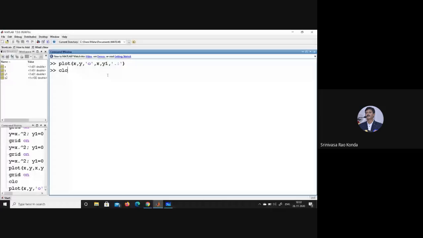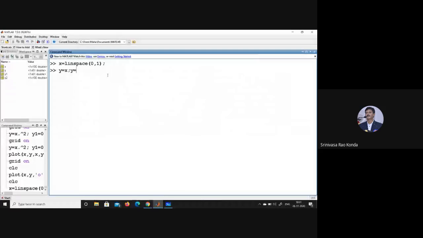Next, I'm going to plot one curve. You see this. clc. x is equal to linspace(0, 1). That means I have taken 100 points in the closed interval of 0 to 1. y is equal to x.